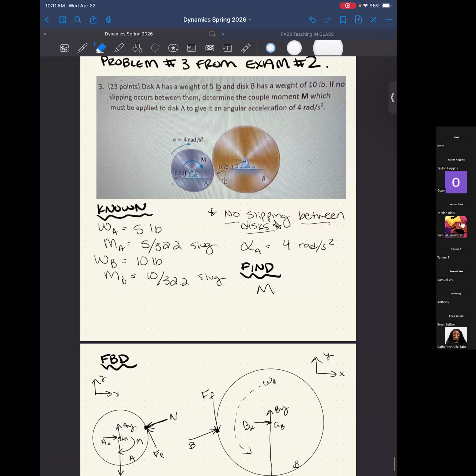And we're given accelerations, not velocity. So we're given an angular acceleration, not an angular velocity. So the fact that it's asking for a couple and it's asking for an angular acceleration tells us that bing, bing, bing, we should be using equations of motion here. Okay.